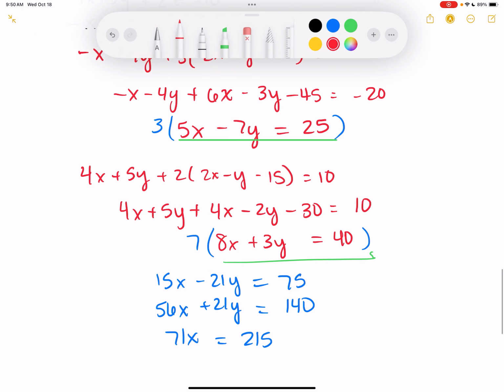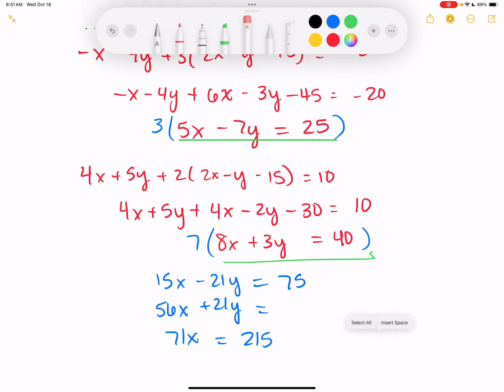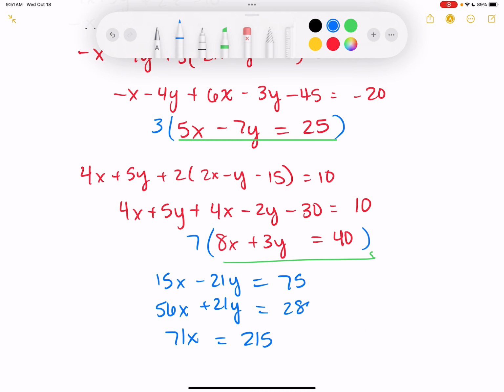Thanks. All right, so then, hold on. 7 times 40 is 280, right? Yeah, okay. So now, plus 75, so this is 355 divided by 71.